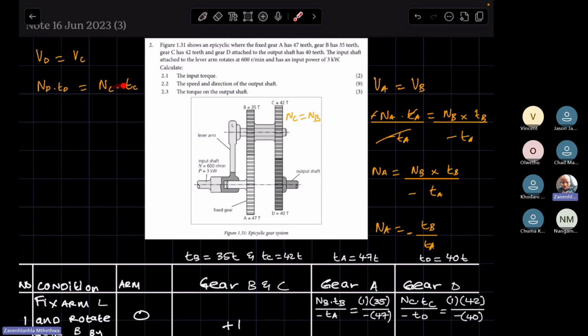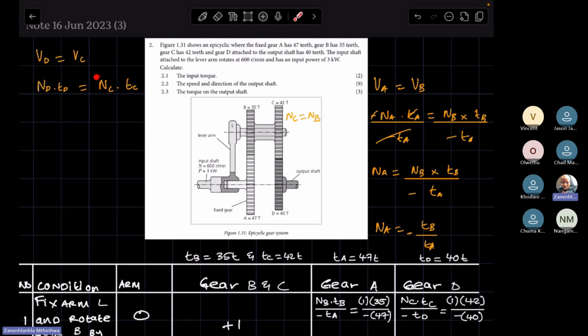Now you look at direction of rotation, starting with NC, because we already have the direction of gear C. We know there is a relationship between gear C and B because they are fitted to the same shaft, meaning that if gear B is rotating clockwise, gear C is also rotating clockwise.